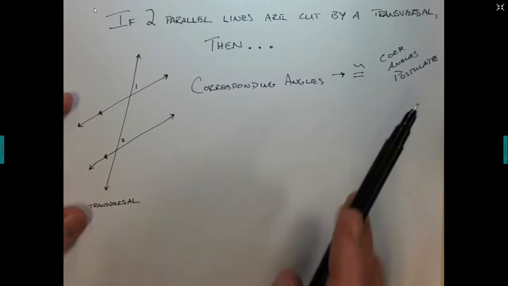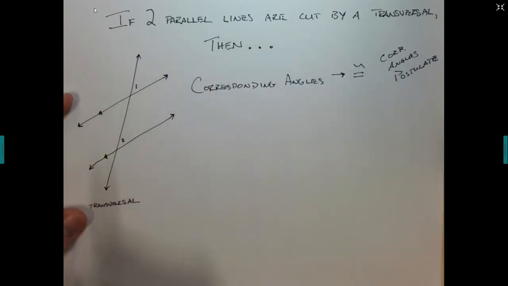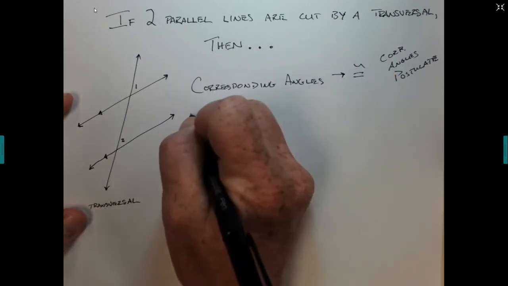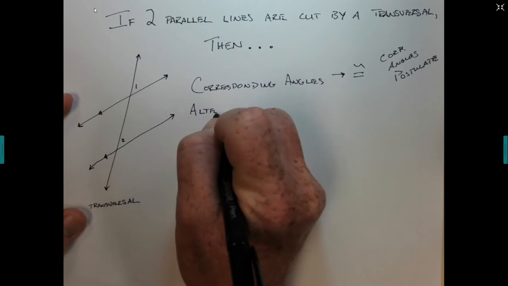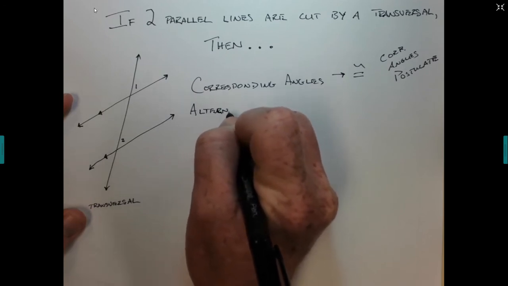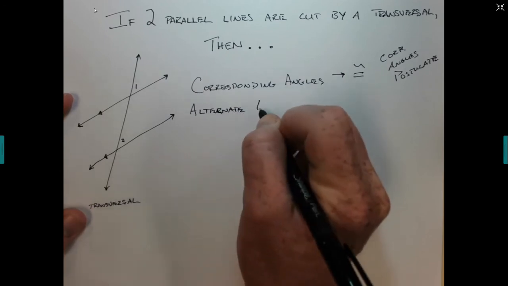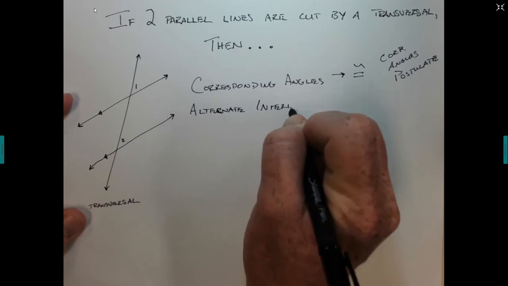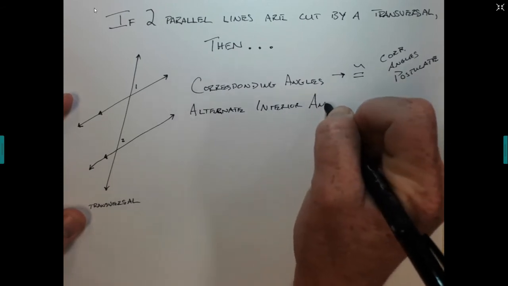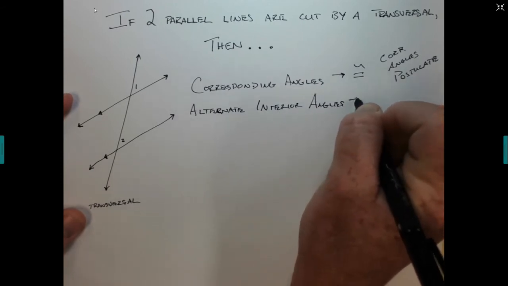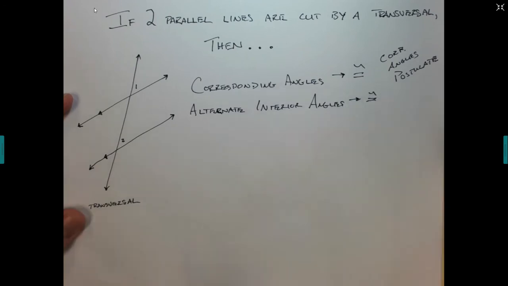Okay? We would also know if we have this situation that the alternate interior angles were also going to be congruent.